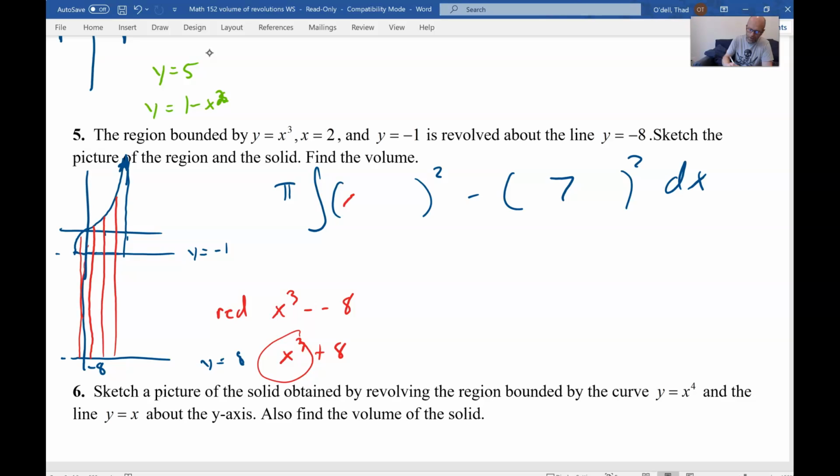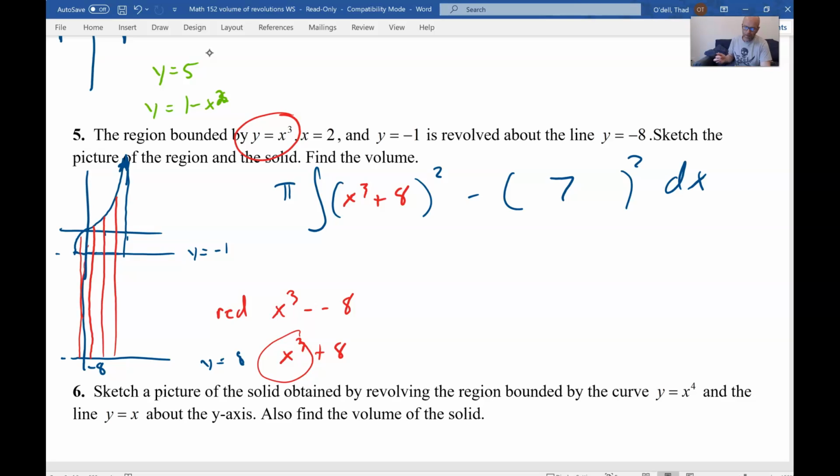Okay, so I'm going to put in here x cubed plus 8 as a big R. Now we just need limits of integration, and of course this is in terms of x, so we want to go from... When y equals negative 1, what would we plug into this function to get y equals negative 1?